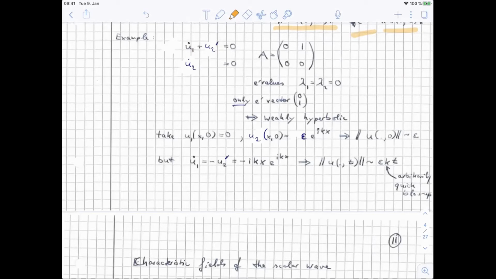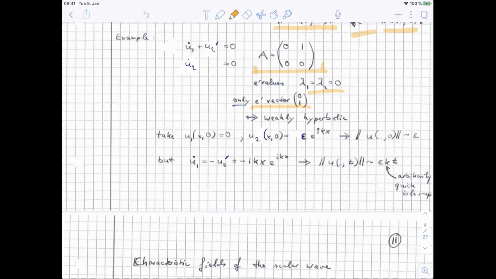The second equation is the time derivative of u2 is 0. Looks perfectly reasonable and fine. It's in 1 plus 1 dimension, so there's only one matrix for the derivatives. The eigenvalues both are 0, but there's only one eigenvector, (0, 1). We don't have a complete set of eigenvectors here. So that's weakly hyperbolic.